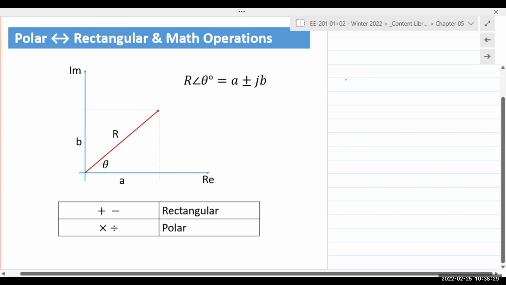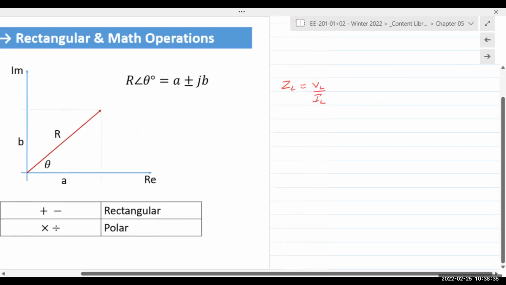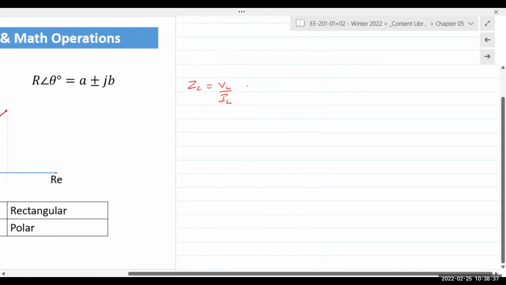So if you have ZL over IL, what do we do? It has both magnitude and phase, theta IL.